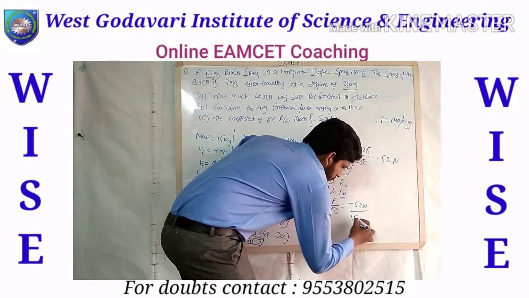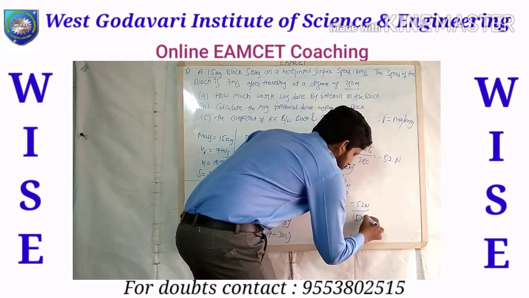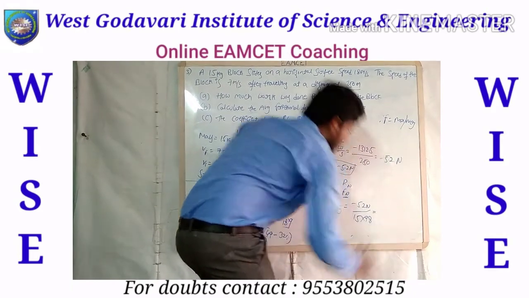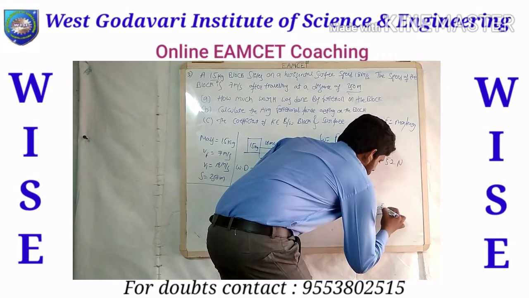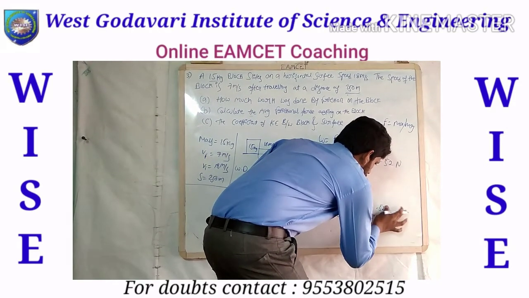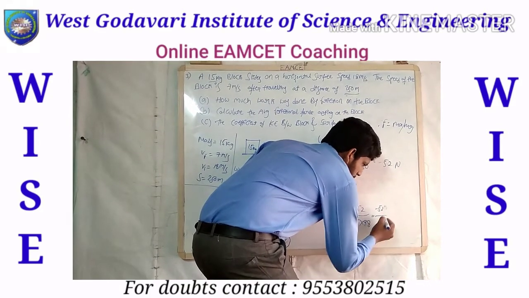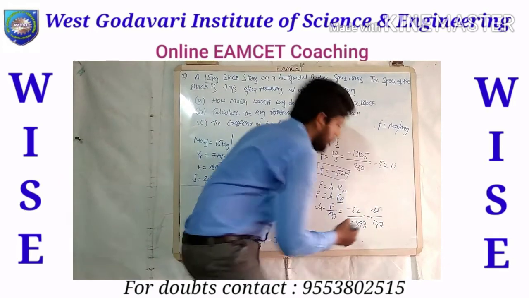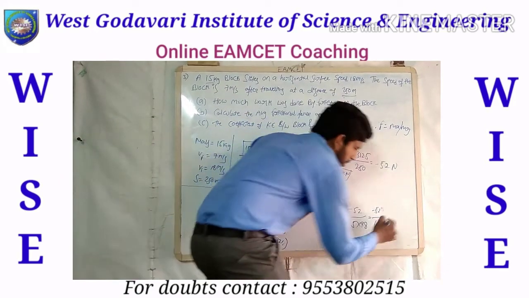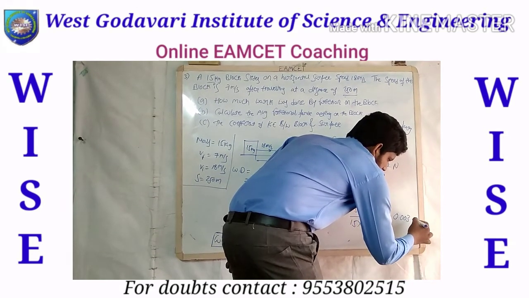That is 15 kg here. And what is the value of g? We know that it is 9.8. Simply minus 5.2 newtons by newton; we don't need to write newtons. So minus 5.2 by 147. 15 into 9.8 equal to 147. Simply the answer is 0.035.